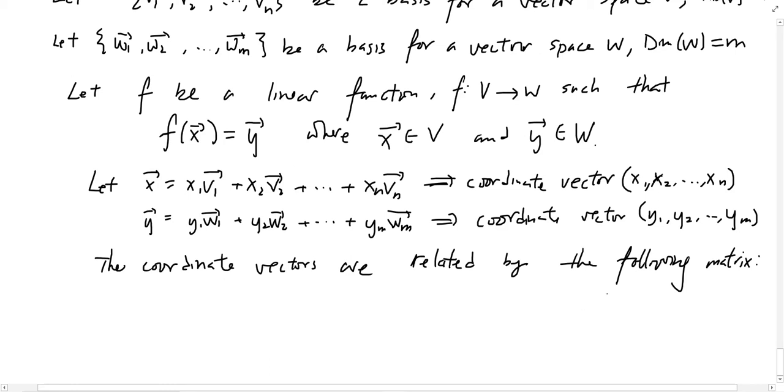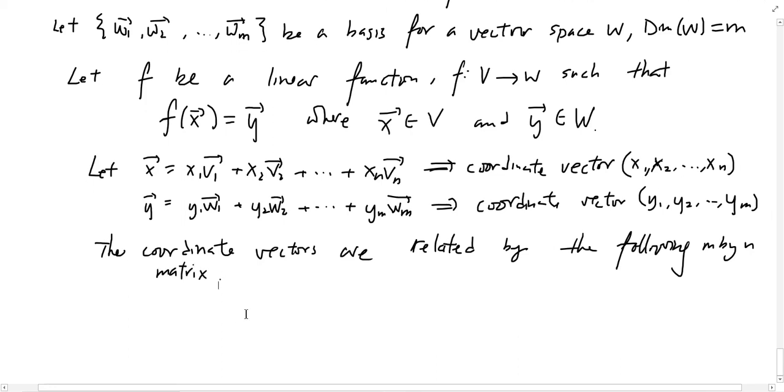It's defined by the following m by n matrix. So what is this m by n matrix? I'm going to call this function capital F of x1, x2, dot, dot, dot to xn, and that would equal A11, A12, so a typical matrix.